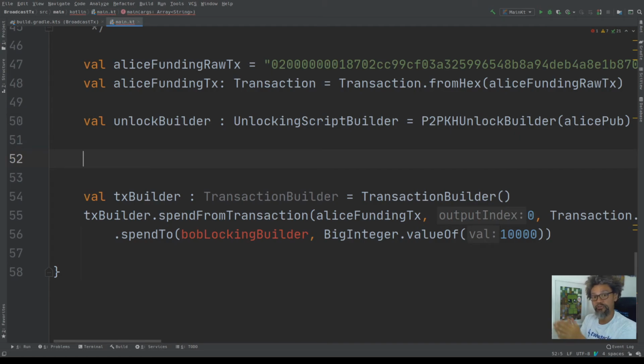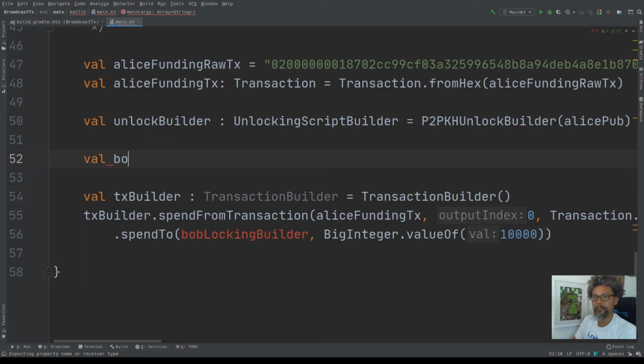So Alice will construct that from Bob's public key. At some point we're going to assume that Bob gave either his public key or his Bitcoin address to Alice. Either one of those two will suffice for Alice to be able to construct Bob's locking builder.